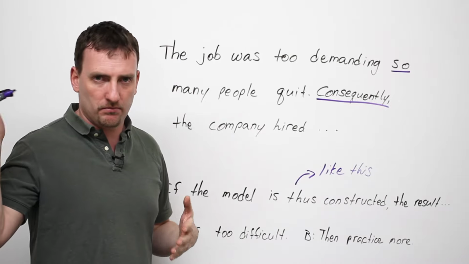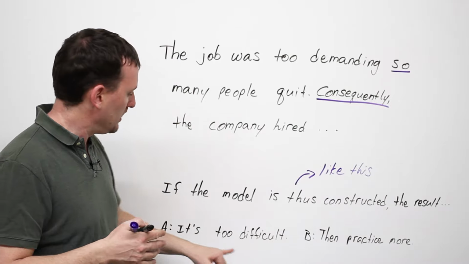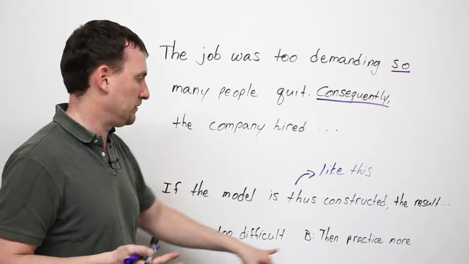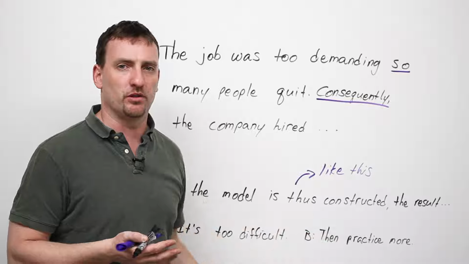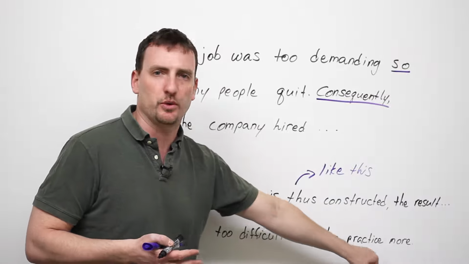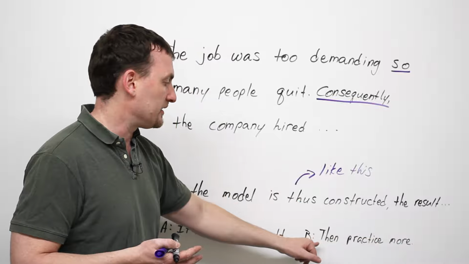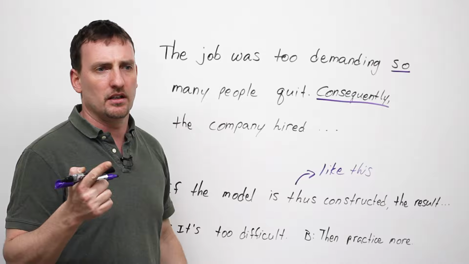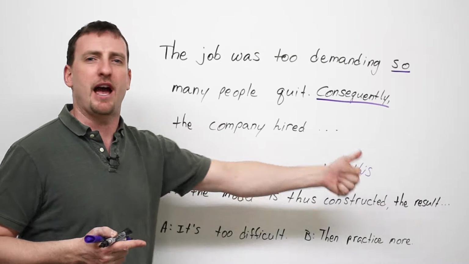And so far I didn't mention then. It's too difficult. Person A says it's too difficult. Person B says, then practice more. This then means this is a situation, this is what you should do, the result. I could say, so practice more, then practice more. I will not say, as a result of it being difficult, you should practice more.